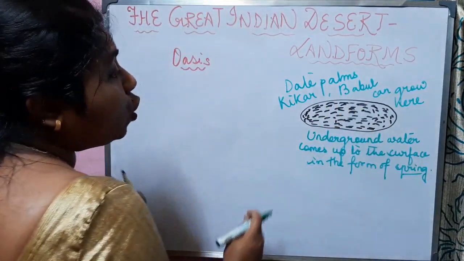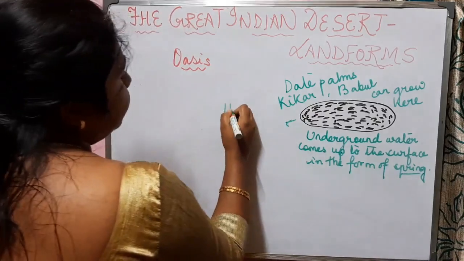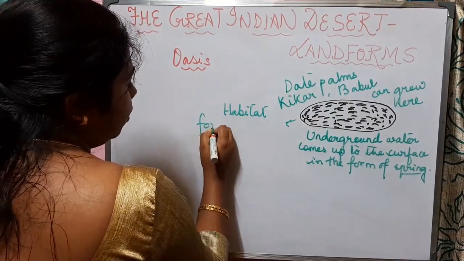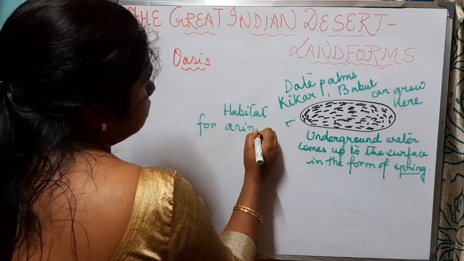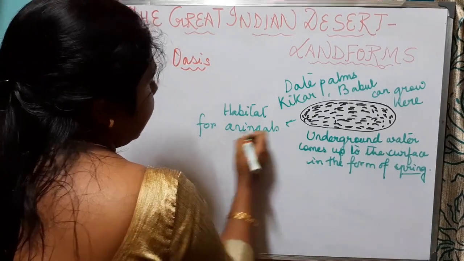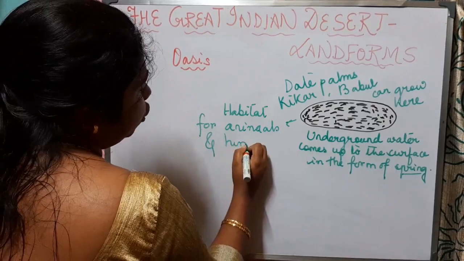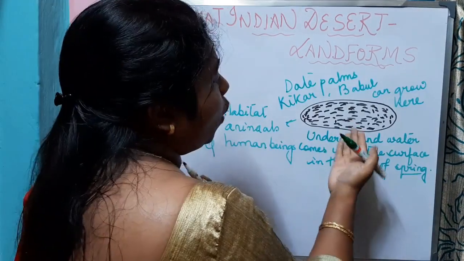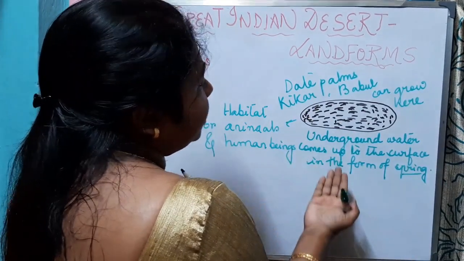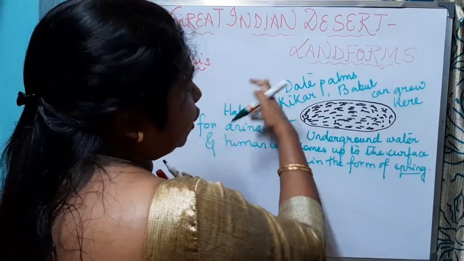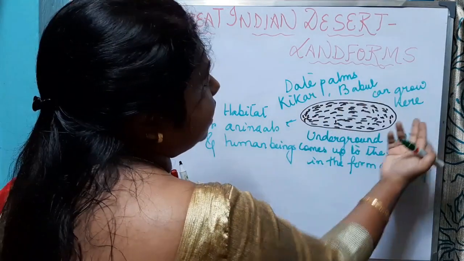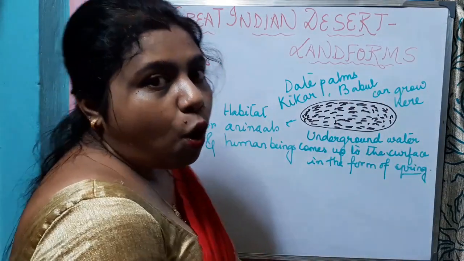This place also provides habitat for animals and for human beings. That means here we will see that the oasis makes the surrounding region so fertile that some plants can grow here, and also human beings make their settlement around the oasis.